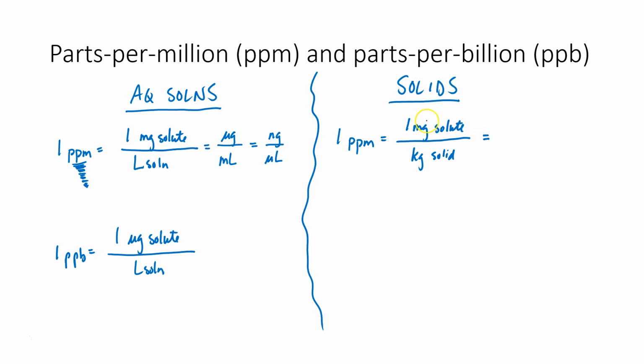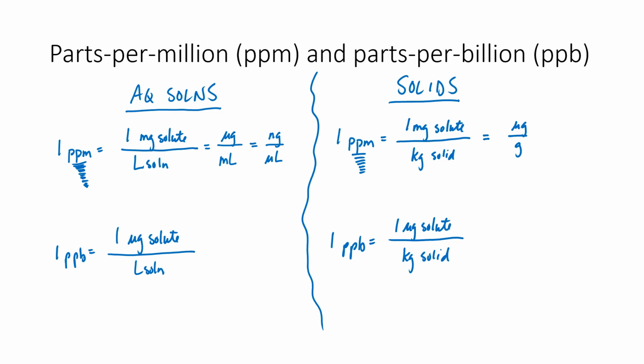And again, if you were to divide upstairs and downstairs by 1,000, that would give micrograms per gram, still a ppm. And then a part per billion, well, if you look at our definition of a ppm, a part per billion is going to be 1,000 times smaller. So that would be 1 microgram of solute for every kilogram of solid.